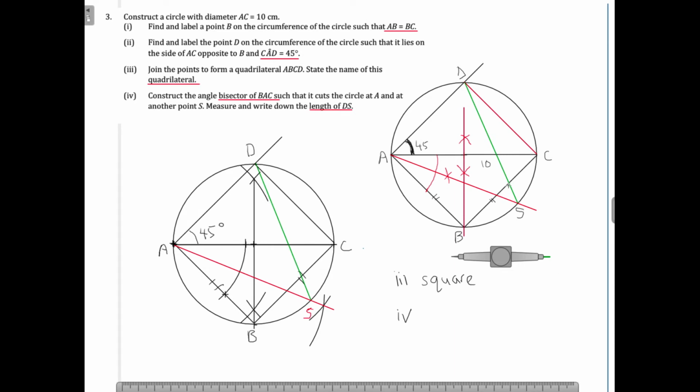To measure the line DS, we use the compass, bring it over to D and extend it to S, and that gives us a distance of 9.3 cm.